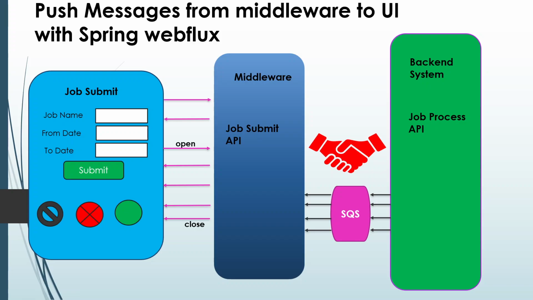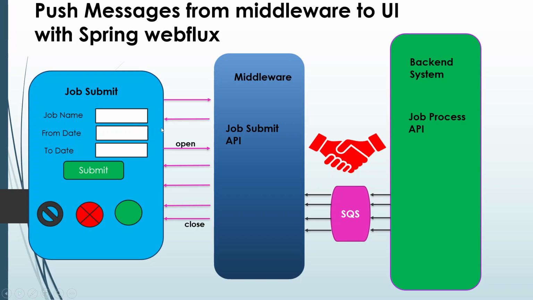So in today's video, whatever messages we have received in the middleware layer, we have to give to the UI layer, right? Along with the job submission, whenever the UI sends a job submit request, it receives the acknowledgement after it was submitted from the middleware to the backend system.